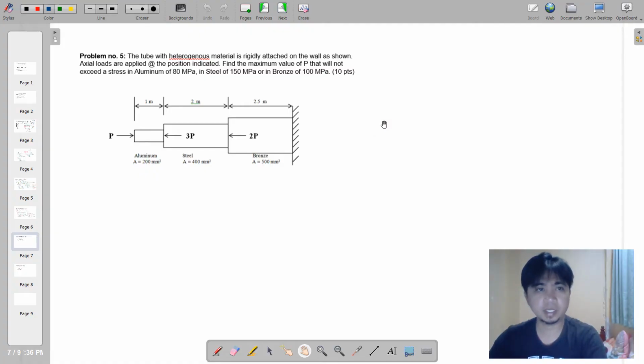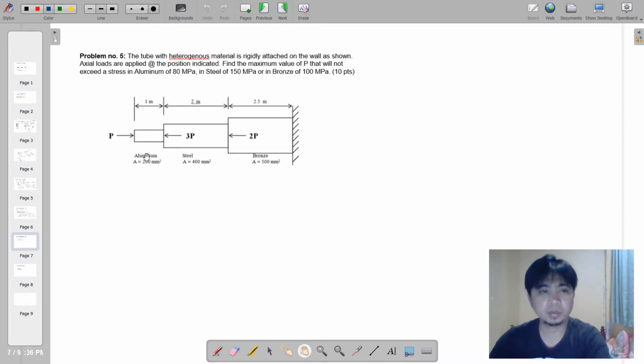So moving on to the next problem, we have here a series of heterogeneous tubes that are attached, and all of these will be fixed on this restrained support here on the right portion.